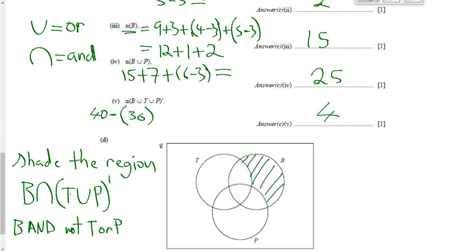That's the only part that we're shading. This is B and T, B and P. We don't want to worry about that. We just want B and not this region here.